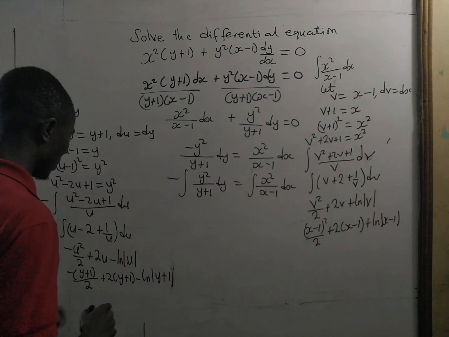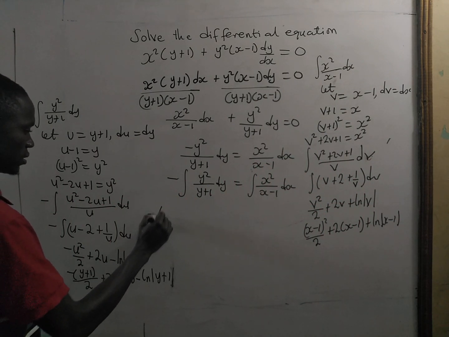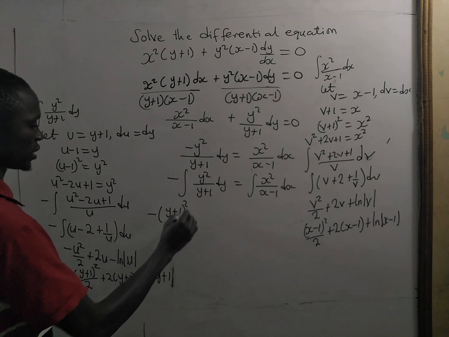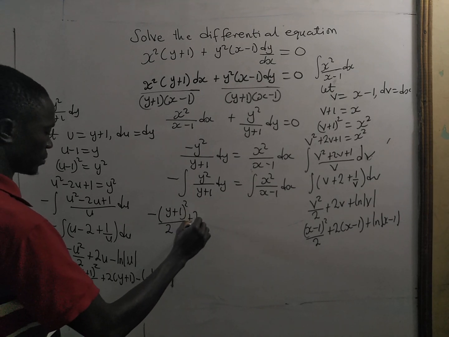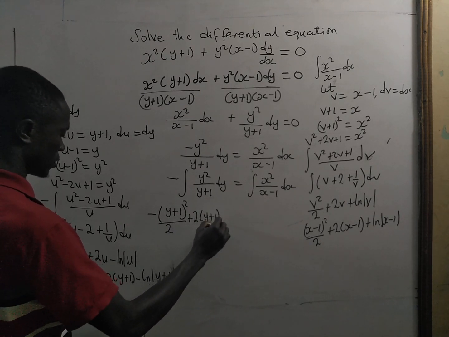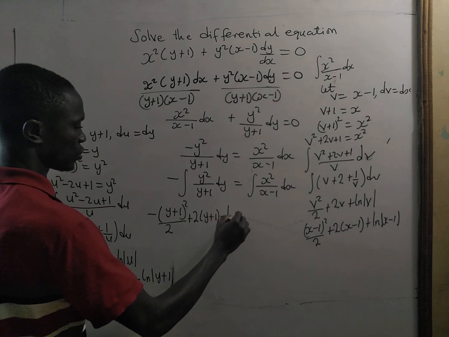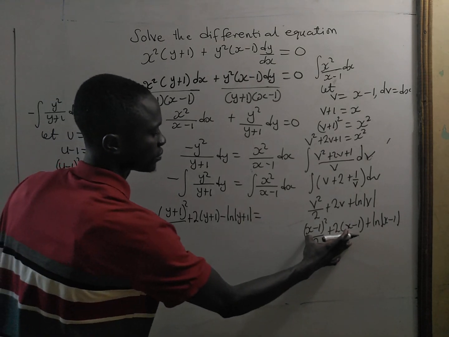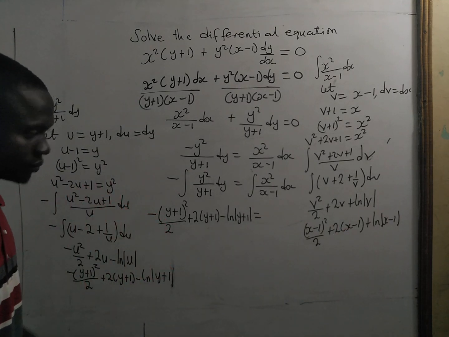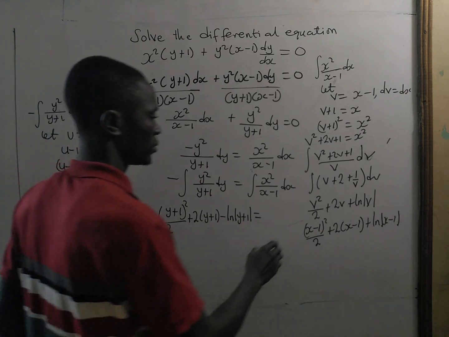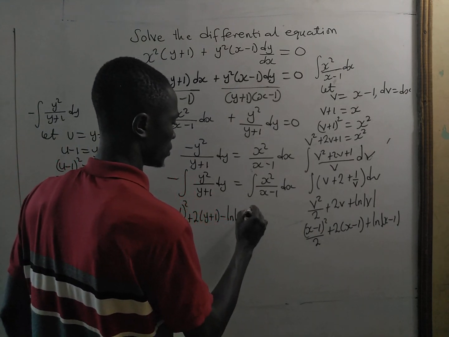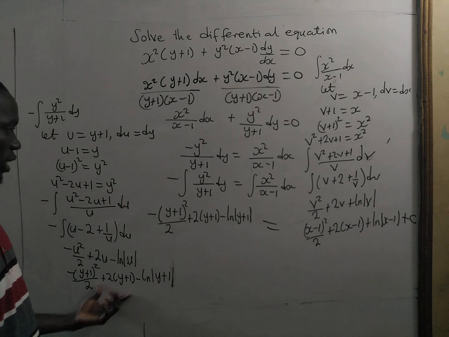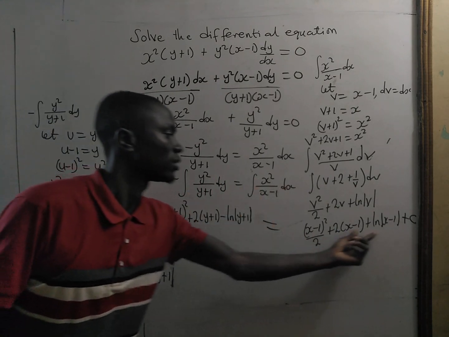So our final answer here will now be minus, there is a square here, (y plus 1) squared divided by 2 plus 2 times (y plus 1) minus natural log of (y plus 1) equals, let's put this one here, the integral of this one plus c.